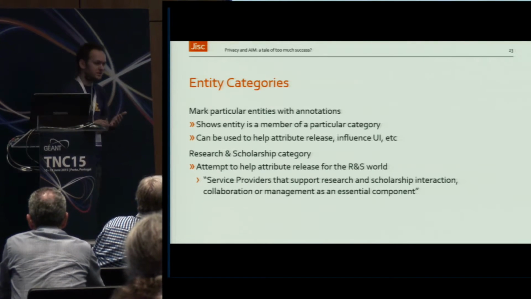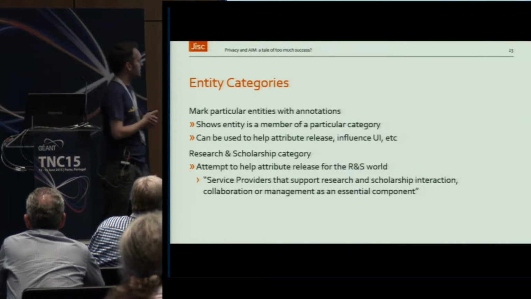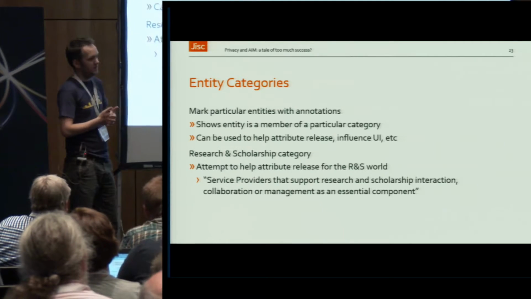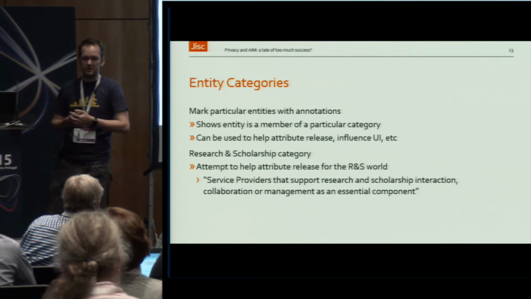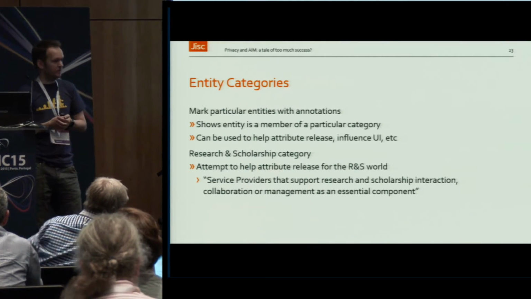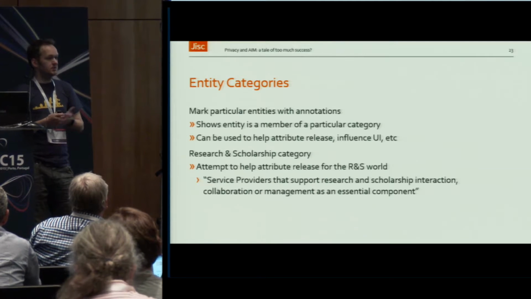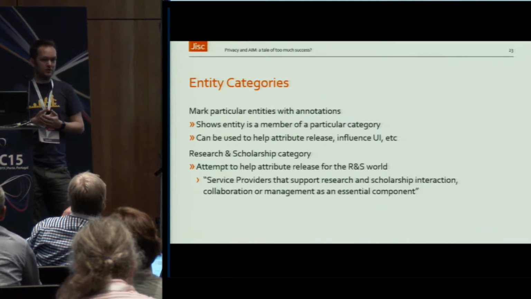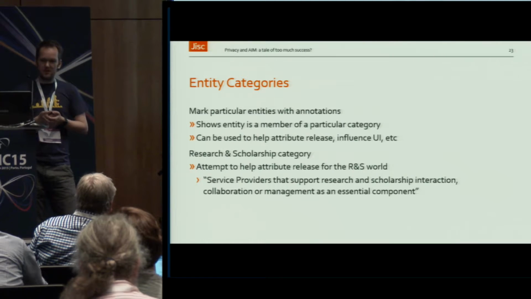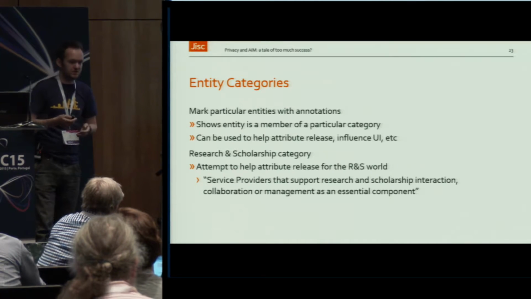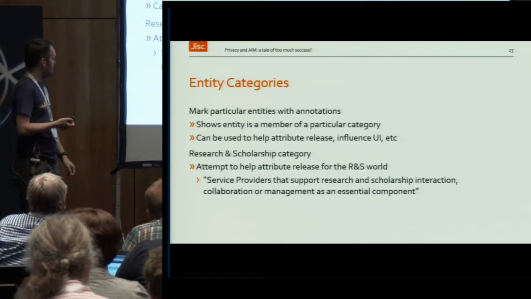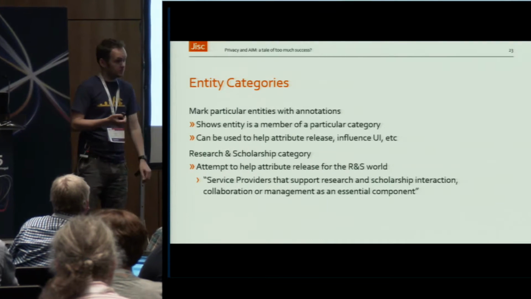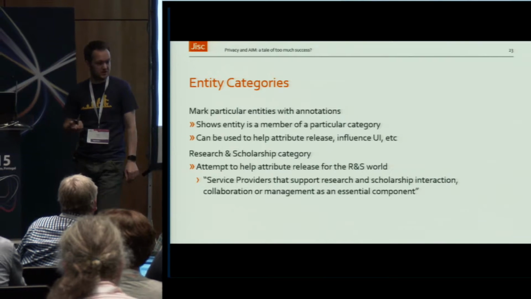Another one of which is I support the Research and Scholarship category. Now, for me, the Data Protection Code of Conduct is all about reducing the risk that when you're releasing private information to a service. You're reducing the risk because they have self-asserted that they aren't going to go and sell your information to some marketing company. Doesn't stop them doing it, but it helps reduce the risk.